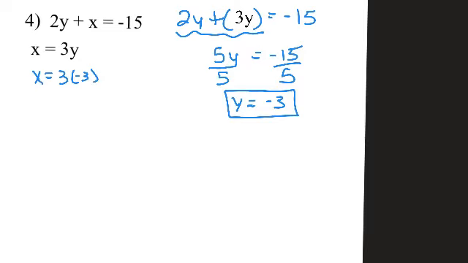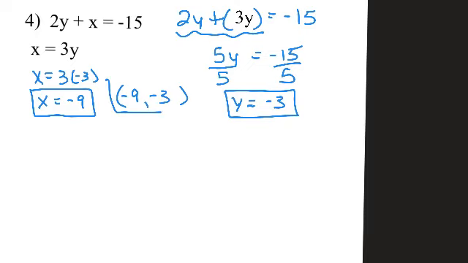Negative 3. X is equal to 3 times negative 3, so therefore x is equal to negative 9. So our ordered pair is negative 9, negative 3.